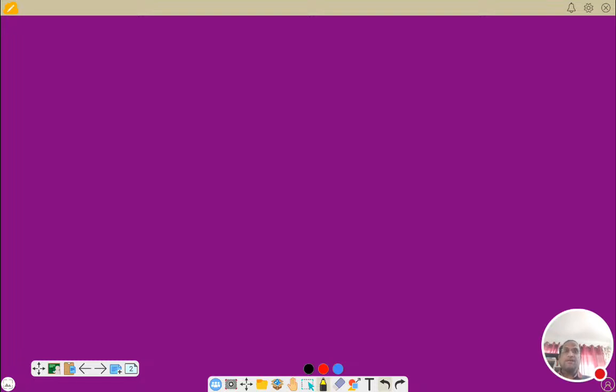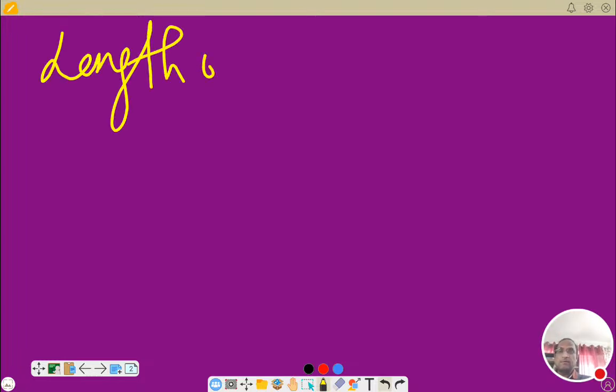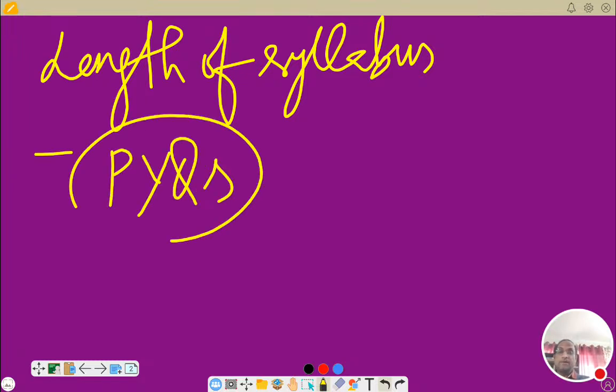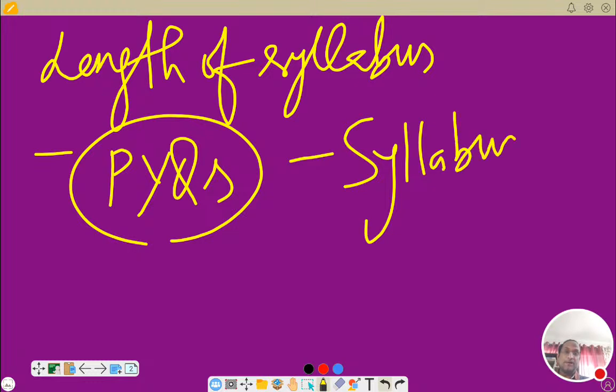See, if you ask me where most people go wrong, it is because of the length and vastness of the syllabus, and how it is covered. The focus on PYQs is not there, the focus on sticking to your syllabus is not there.